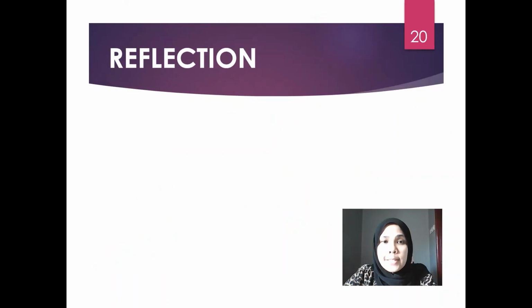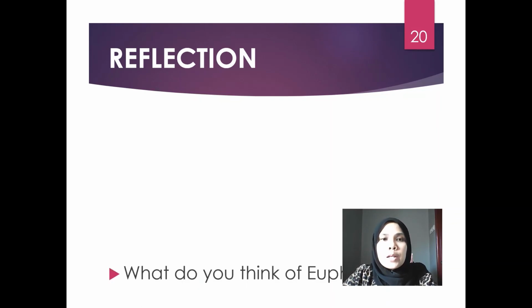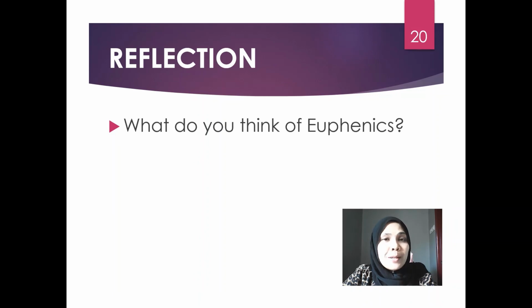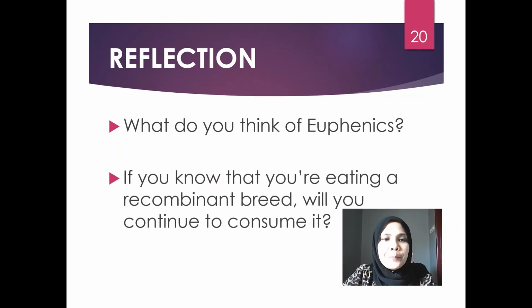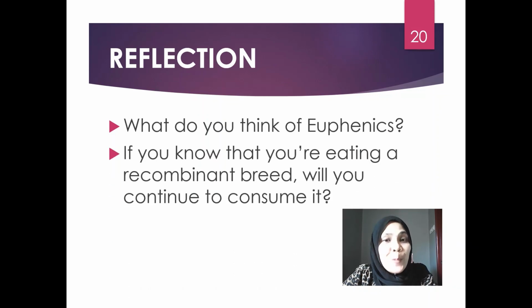So that's it on Euphenics, which basically means we combine the good characteristics of two different species or strains to create a better one. So what do you think of Euphenics? If you know that you're eating a recombinant breed, will you continue to consume it?